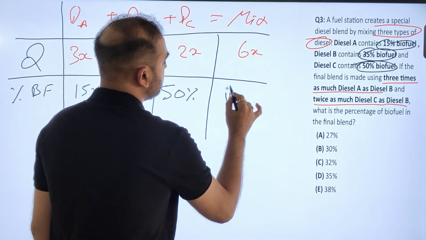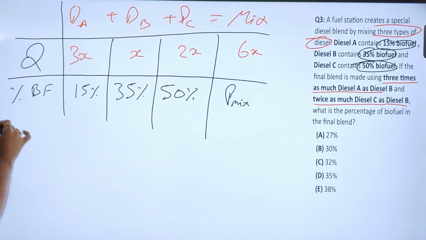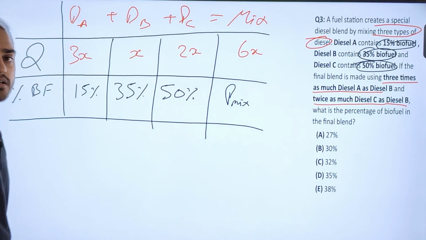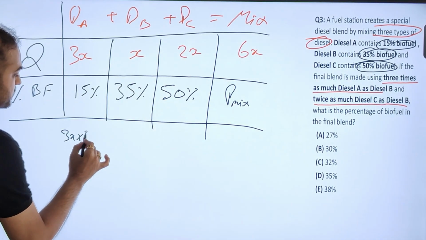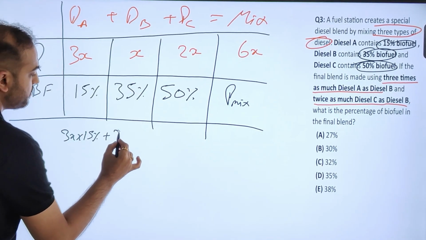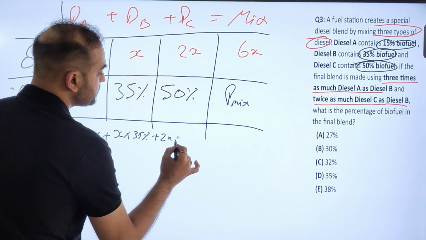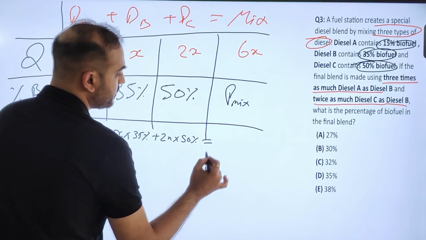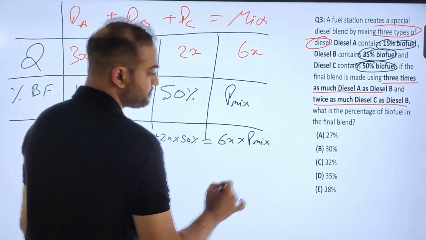For mixture, they are asking. So P mix is what they are asking. Again, you see the table is complete. Let's make our equation. 3x times 15% plus x times 35% plus 2x times 50% is equal to 6x times P mix.